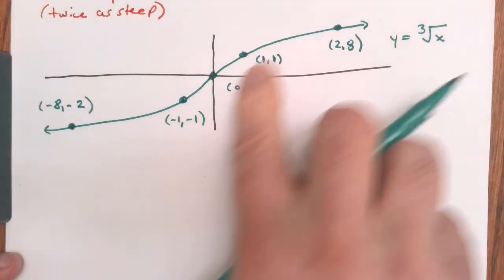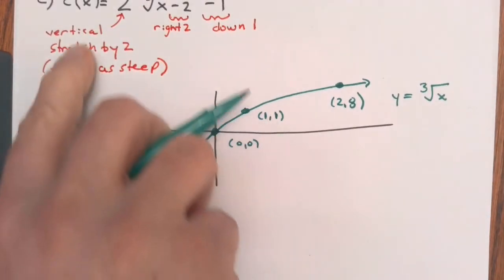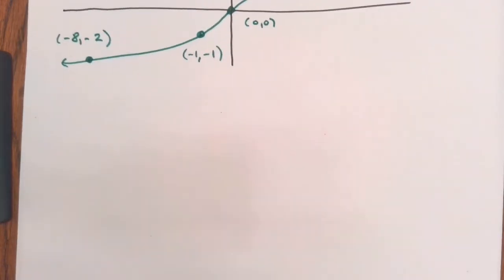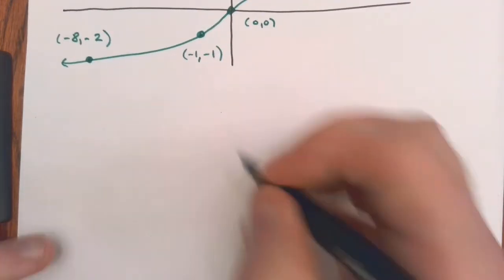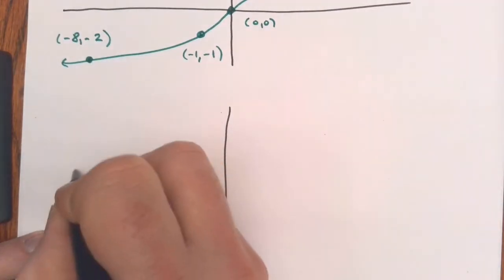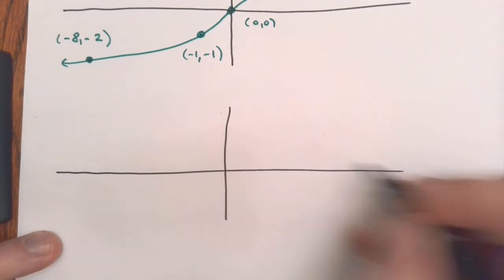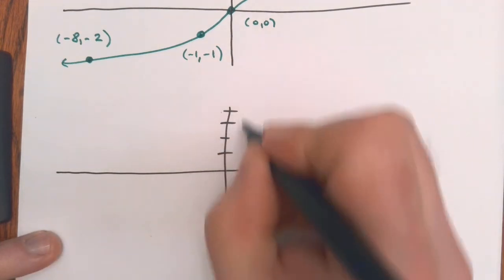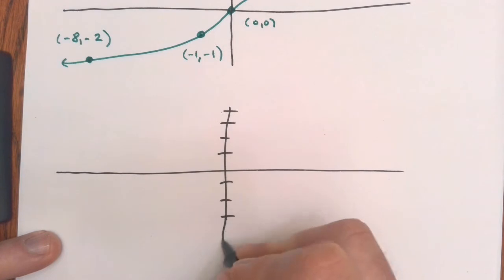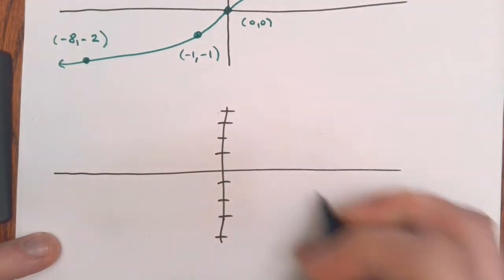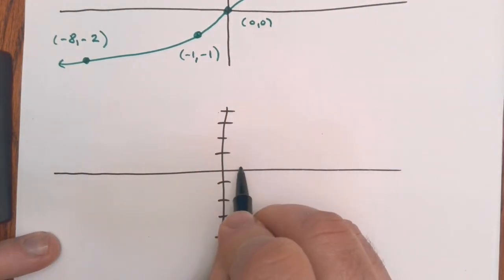And now what I want to do with these is I want to go through and make them twice as steep. So in my next graph here, I'm going to make this graph be the same as the one up above, but I want to make it twice as steep.